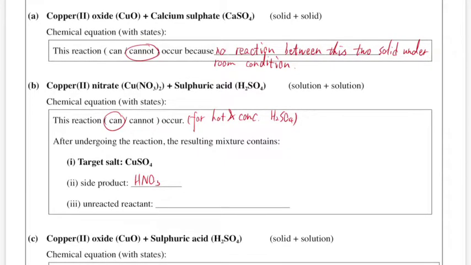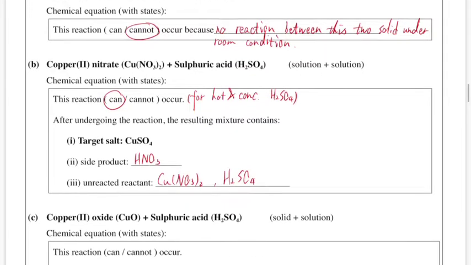And maybe we will have some unreacted reactants, which are copper 2 nitrate or sulfuric acid. Okay, that's the second combination.